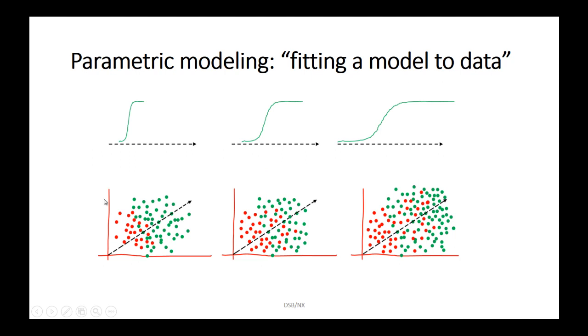Using logistic regression as an example, we can adjust the parameters to change the direction of the linear discriminant, to shift the center of these S-shaped curves, to stretch the curve to make it more steep or less steep, to best match the probability curves exhibited in the data. And that's why it's referred to as fitting a model to data.